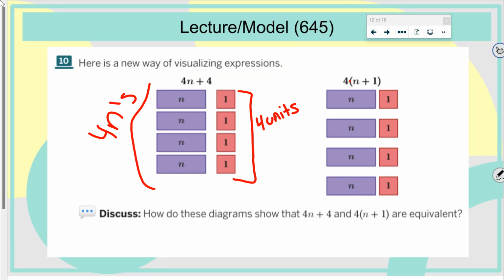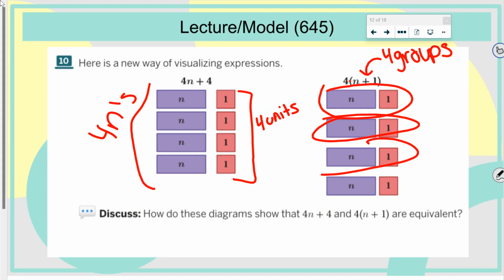Remember, this means multiplication in between the 4 and the n plus 1. We have n plus 1, and we have 4 groups of it. Look at each n plus 1: 1, 2, 3, 4 n plus 1s, and so we have 4 groups of n plus 1. So that is where the 4 times n plus 1 comes from. All right, let's keep going.